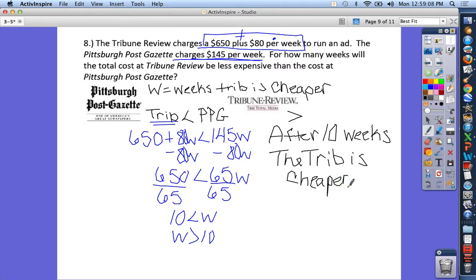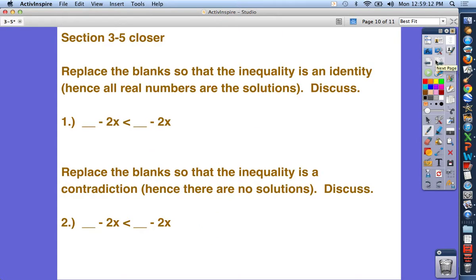Now let's do a small closer together. Replace the blanks so that the inequality is an identity, hence all real numbers are the solution, remember from the front, and discuss. Take a couple of seconds, see if you can think of anything.